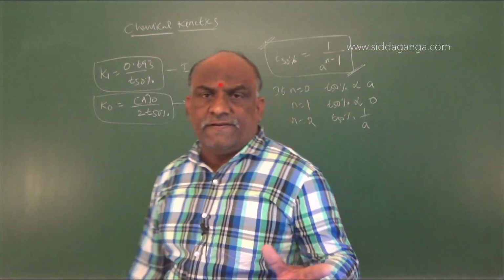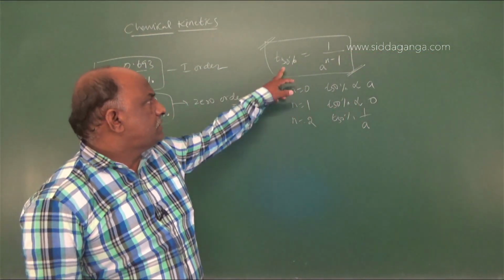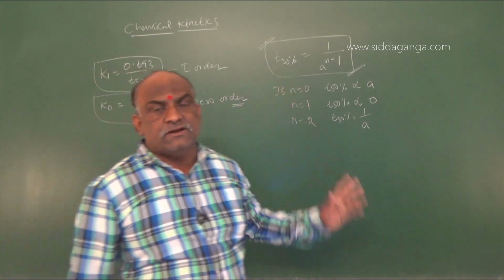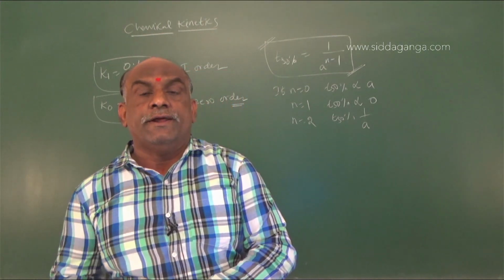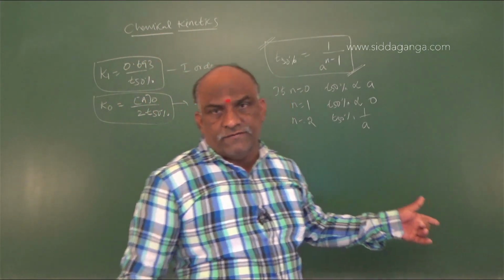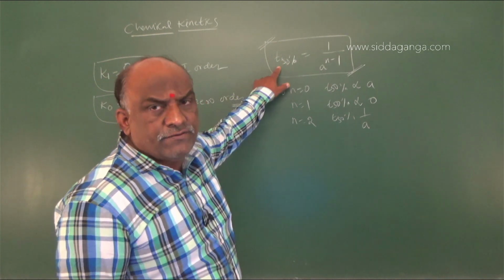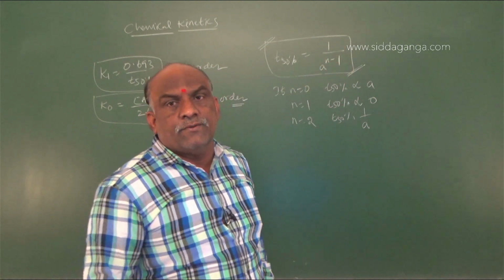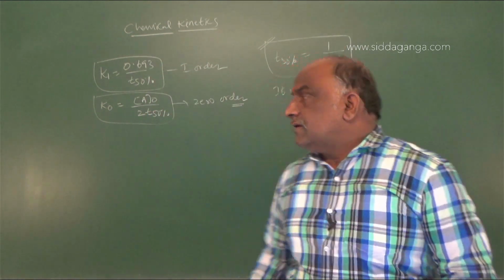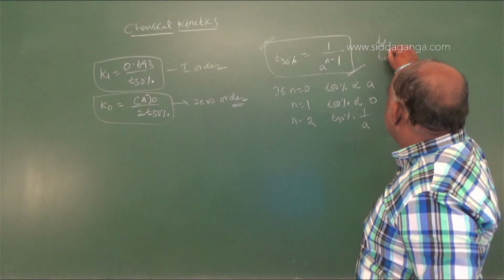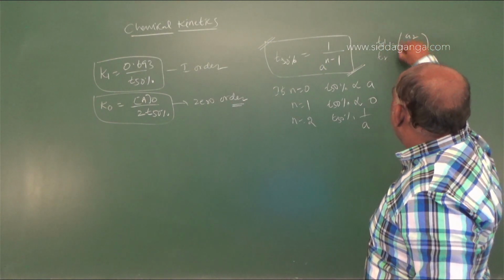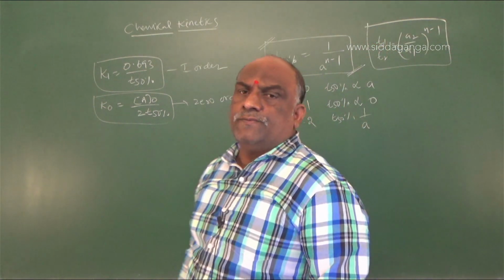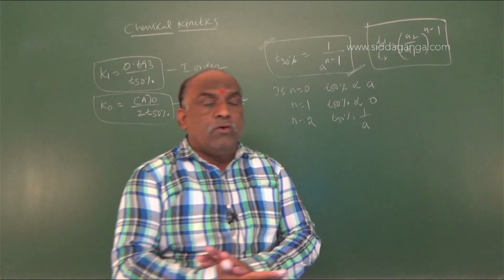So this is a branded formula, my dear students. Note this point down in your notes. For nth order half-life, we write T50% proportional to 1 by A power n minus 1, or we can go with T1 by T2 is equal to A2 by A1 whole power n minus 1.